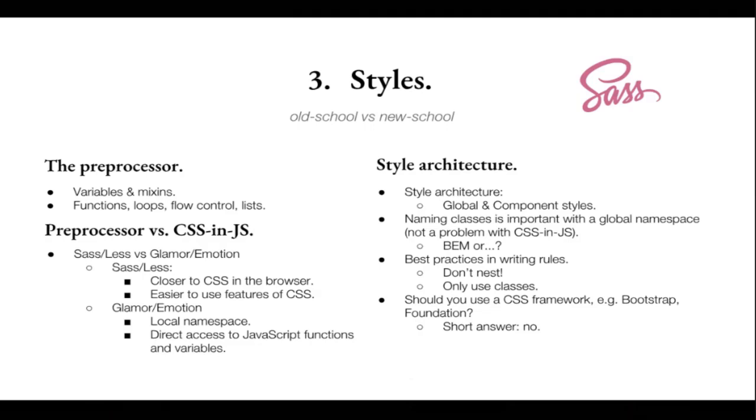Don't use tag selectors like H1. Use classes for everything, and you will have a lot fewer problems with specificity down the line. That's also why you don't want to nest. It's for specificity. If you don't know what specificity is, I can't get into it right now, but these are just sort of general things that I've learned over my time.